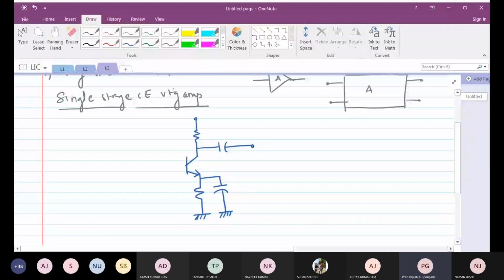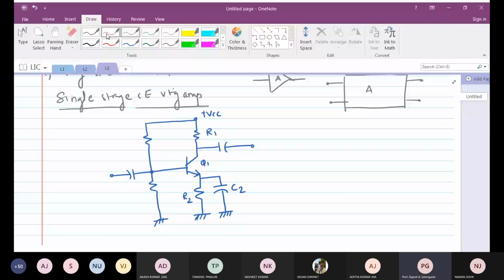You already know the common emitter amplifier. So this was the VCC. This was your transistor. This was your Q1, R1, and this was your R2. This is capacitance C2. You already know this. We have already seen the design of such a kind of thing. This was your input voltage, RS, VS. This was your VI.